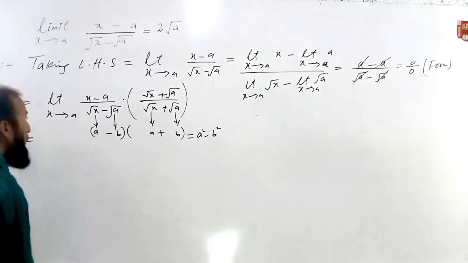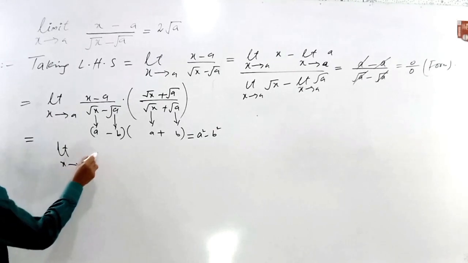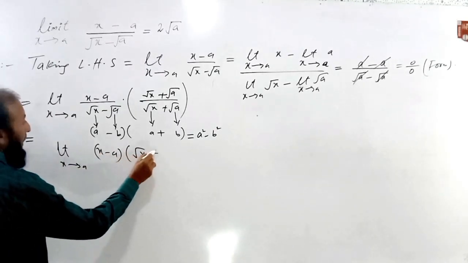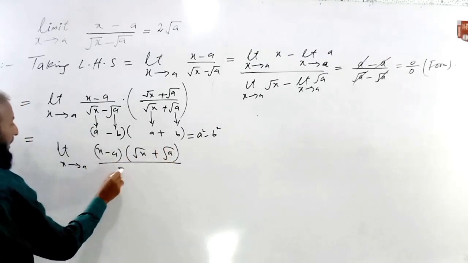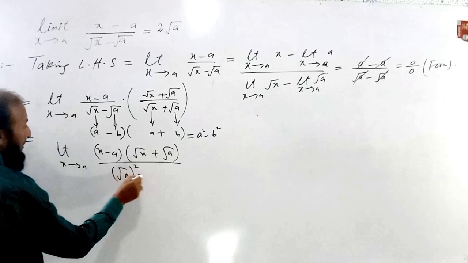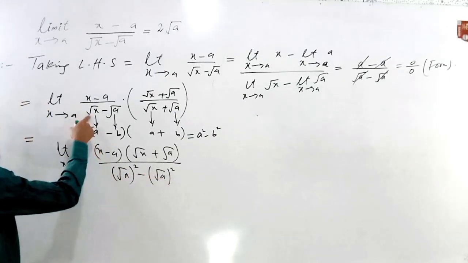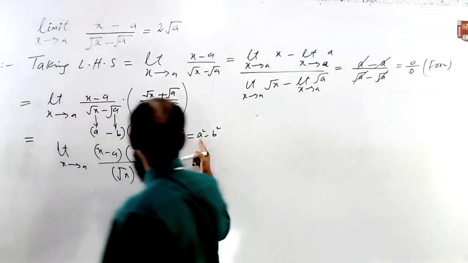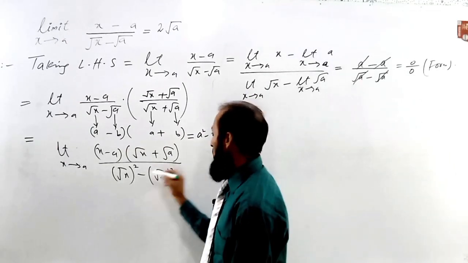Limit x tends to a, (x minus a) into (square root of x plus square root of a) divided by a square minus b square. We put a is equal to square root of x and b is equal to square root of a, and we use the formula a square minus b square.